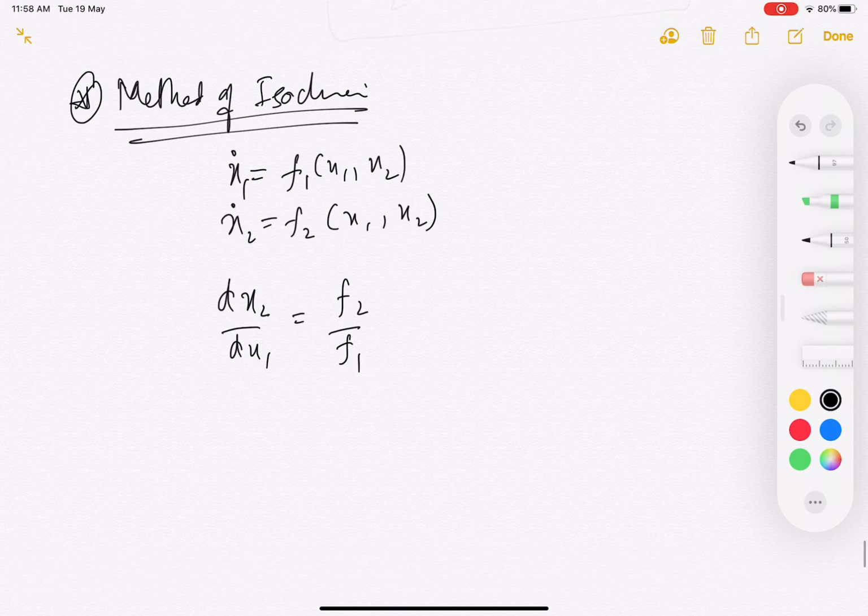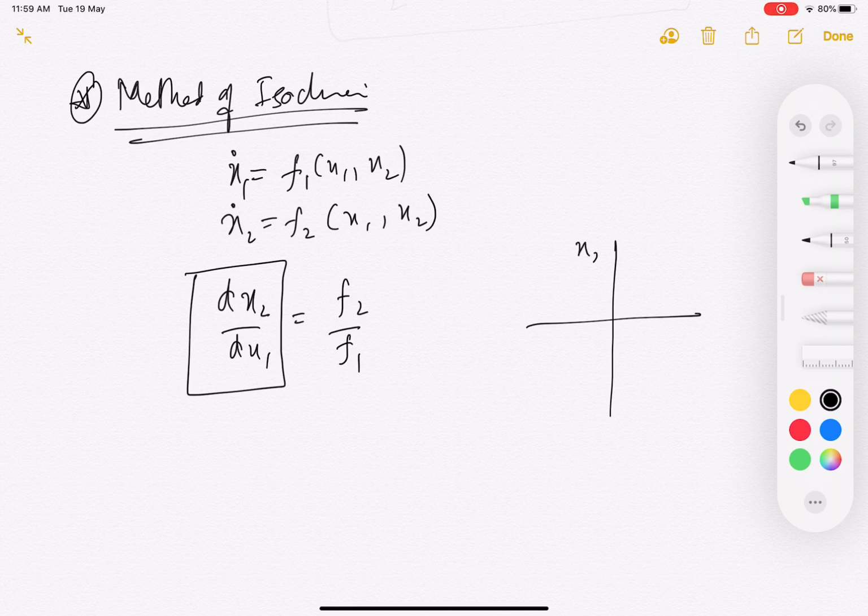Now this is the slope of the trajectory, right? Because what we're sketching on the phase plane is x2 on the y-axis and x1 on the x-axis. So dx2 by dx1 is actually the slope, right? And it represents the tangent to the phase portrait, the angle of the tangent to the phase portrait.